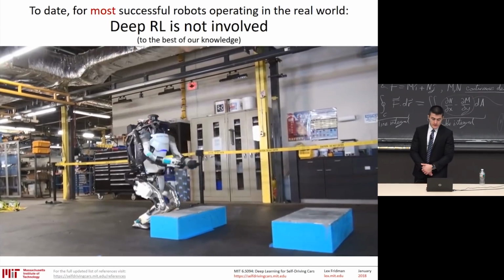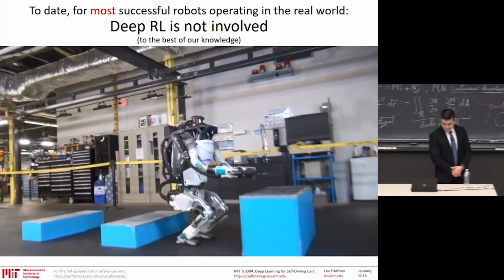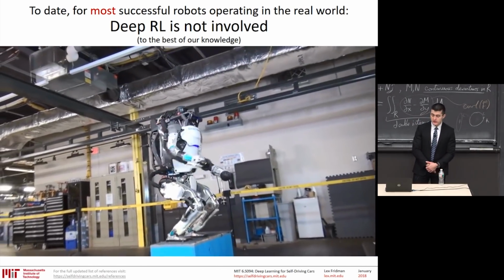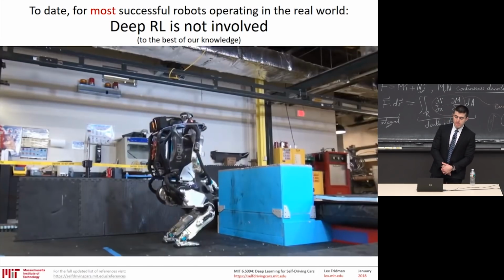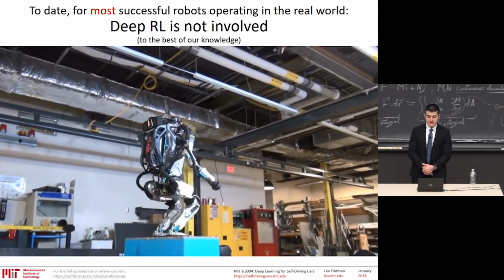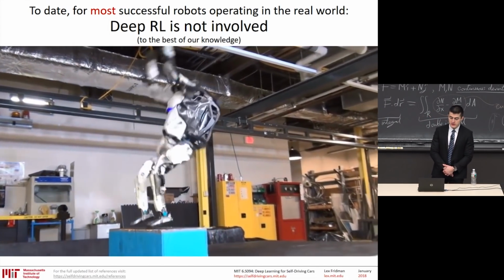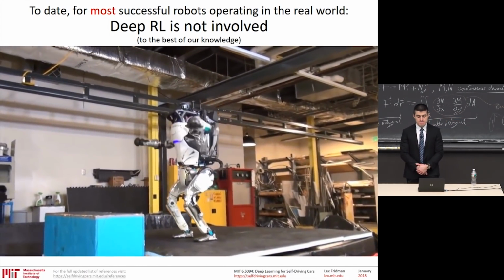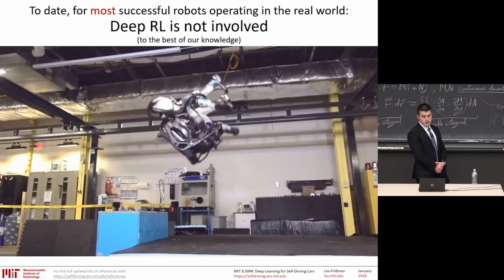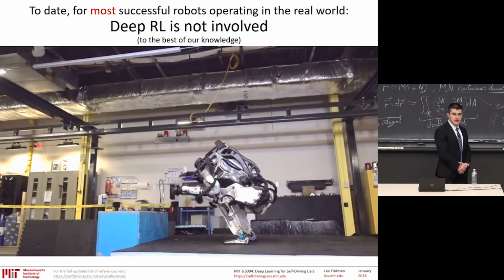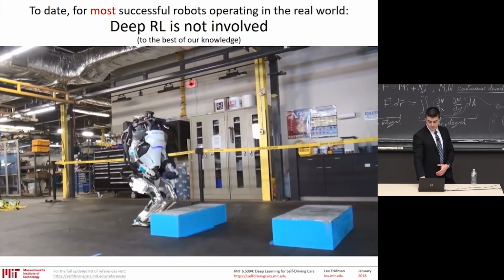To date, and I bring up two companies because they're both guest speakers, DeepRL is not involved in the most successful robots operating in the real world. In the case of Boston Dynamics, most of the perception, control, and planning, like in this robot, does not involve learning approaches, except with minimal addition on the perception side, to the best of our knowledge.